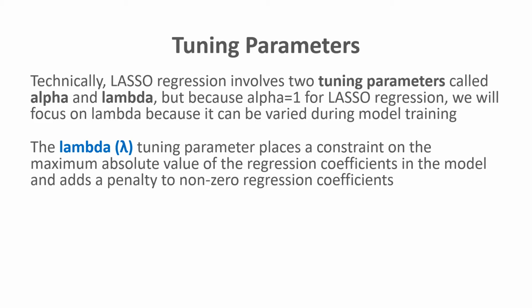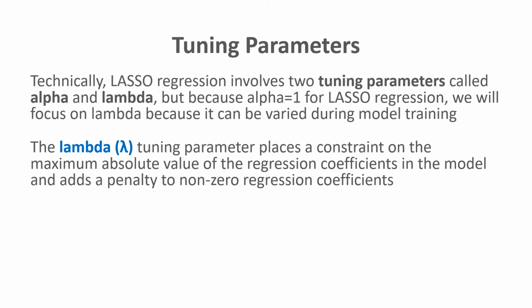Now, lambda is represented by the Greek letter lambda here, or the spelled out word here as well. You might see it displayed differently depending on where you're reading. The lambda tuning parameter is going to place a constraint on the maximum absolute value of the regression coefficients in the model, and it's going to add a penalty, which I was mentioning earlier, to any non-zero regression coefficient.